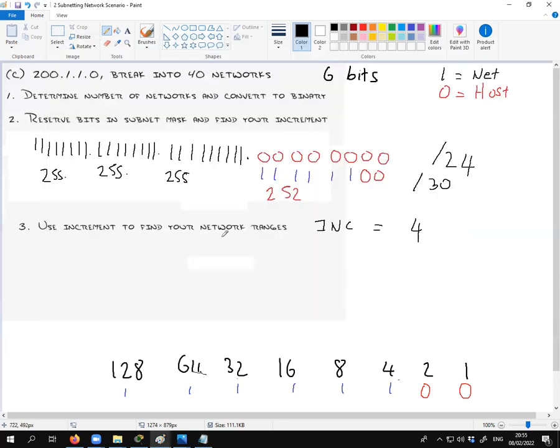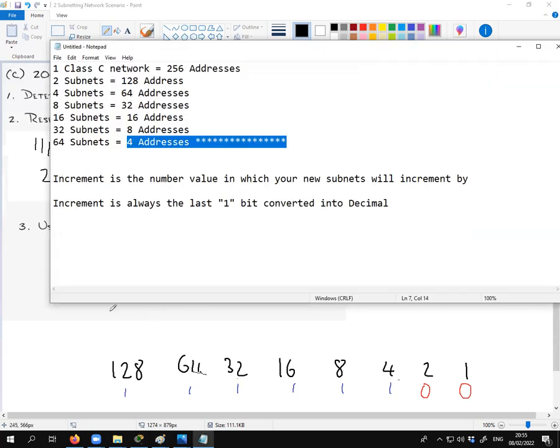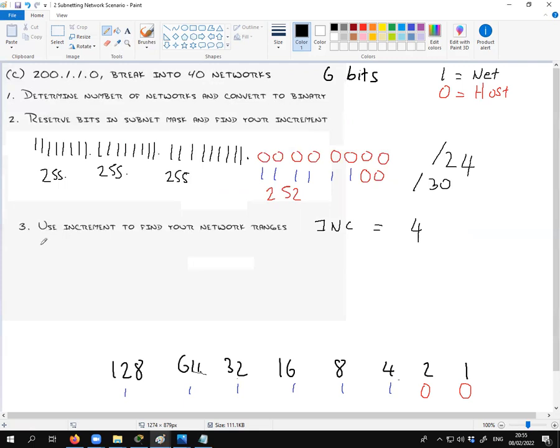Okay, so use your increment to write the network ranges. I'm not going to do 64 subnets, so we'll just draw the first 2. So your network number 1. Now where do you start? You start at 0. So network number 1, 216.21.5.0. Network number 2, 216.21.5.